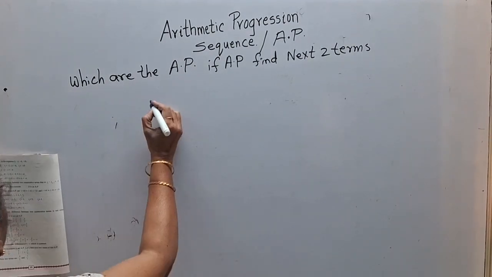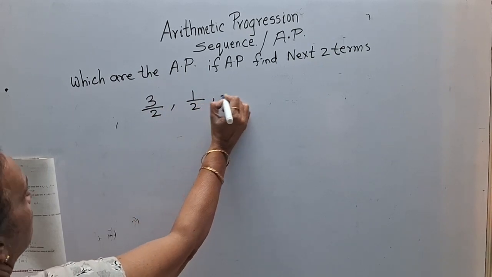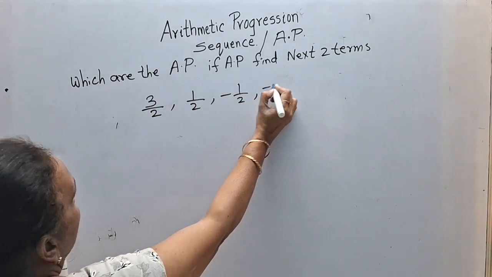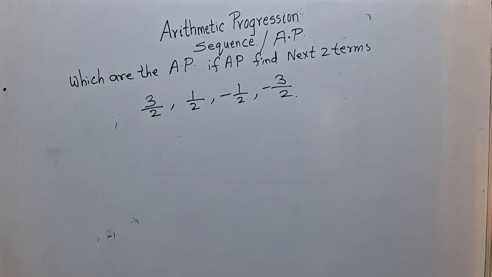They have given the sequence 3 upon 2, 1 upon 2, minus 1 upon 2 and minus 3 upon 2. Let us first find out whether it is an AP.